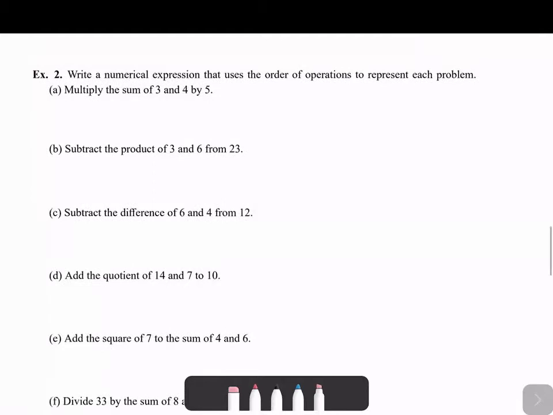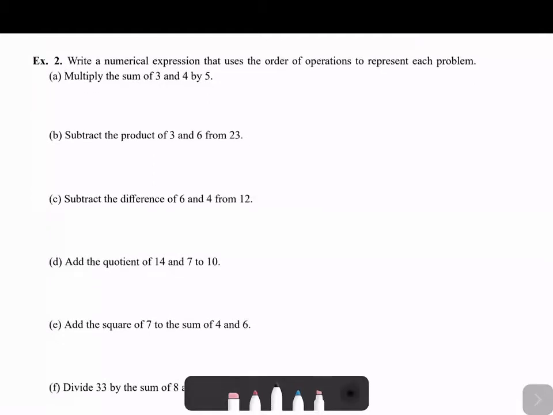Okay. So the first one says to multiply the sum of 3 and 4 by 5. So we know that we are going to multiply and we are multiplying by a sum. So this is kind of where all of the vocabulary that we've done is really important. So this can tell you that, well, to get the sum of 3 and 4, you have to add them first.